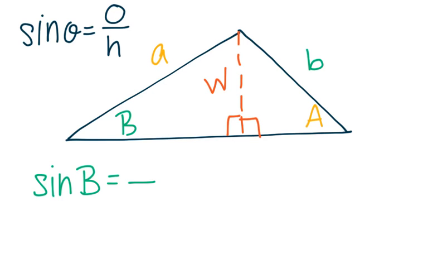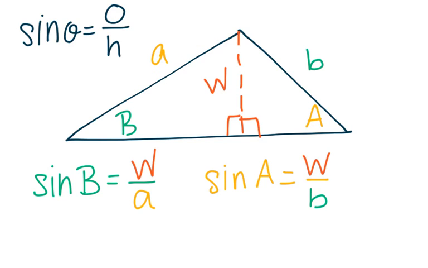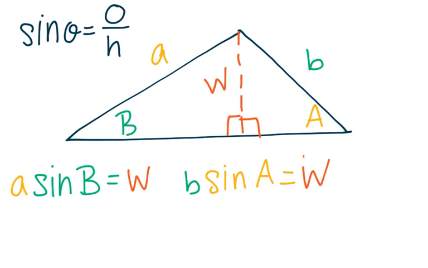Alright, so for the sine of B, in the context of this right triangle, I can write sine of B equals my opposite side, which is w, over my hypotenuse, which is a, and that's the lowercase a. Similarly, we can write that the sine of our capital A here, this angle, is our opposite side, which is w, over the hypotenuse, which is lowercase b.